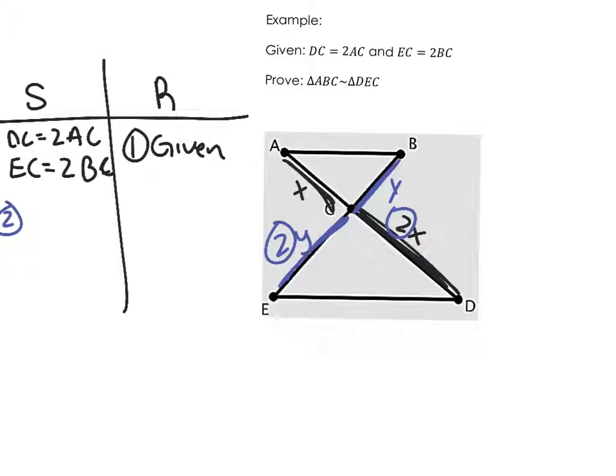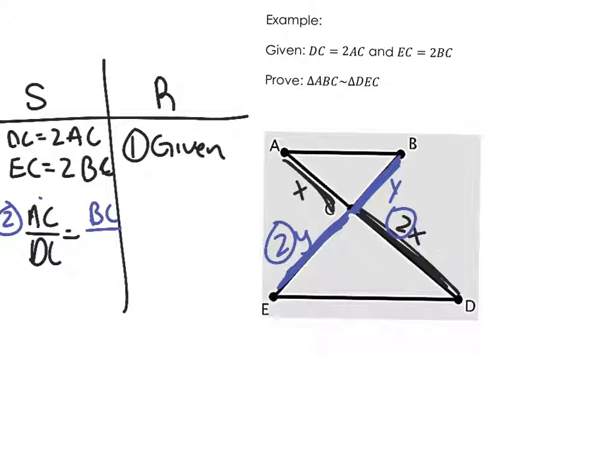For step 2, I just have to make my proportion. So I'm going to look at the two sides that are proportional here. AC over DC, and those are my black sides on that triangle. AC over DC is proportional to the blue sides, EC over BC. Actually, I should start with BC, because I have the smaller side on top.